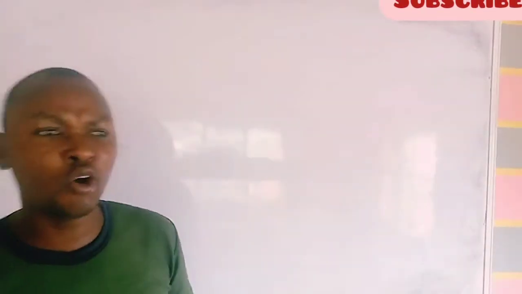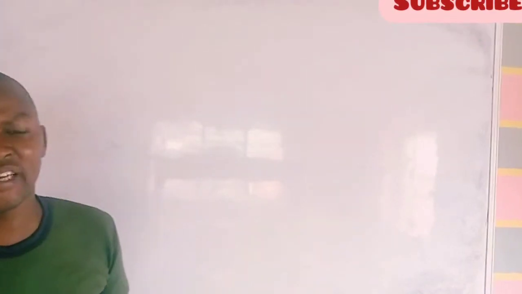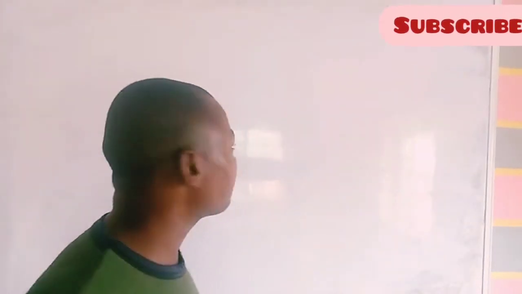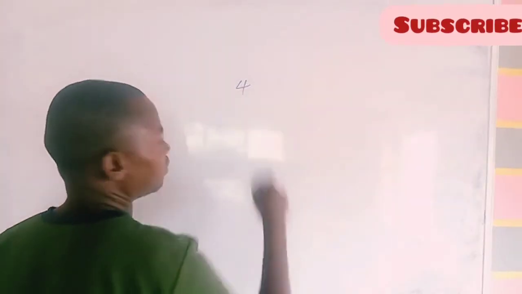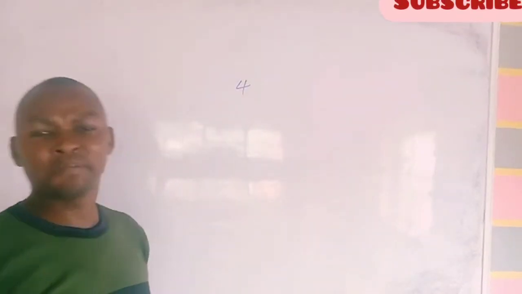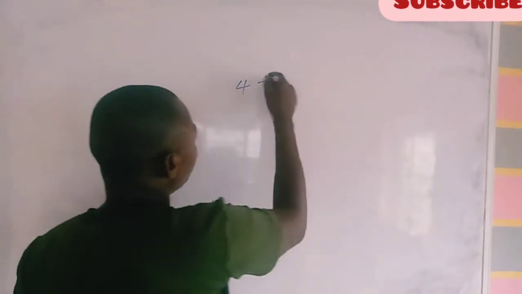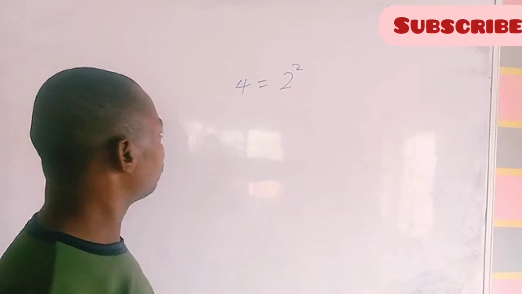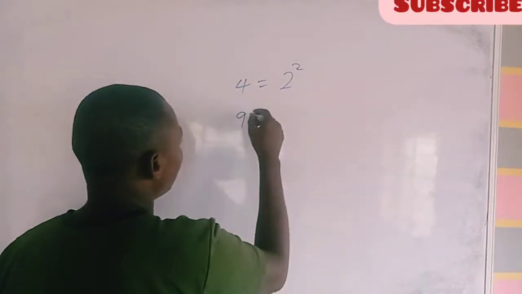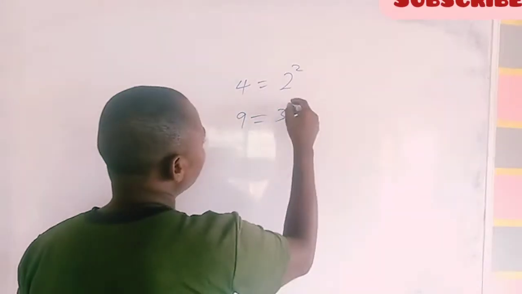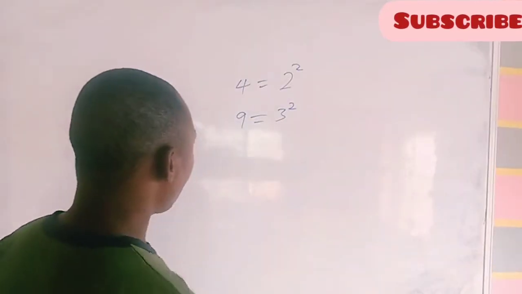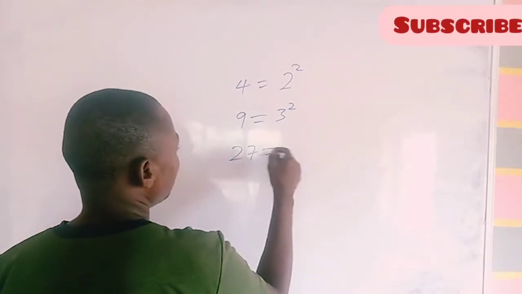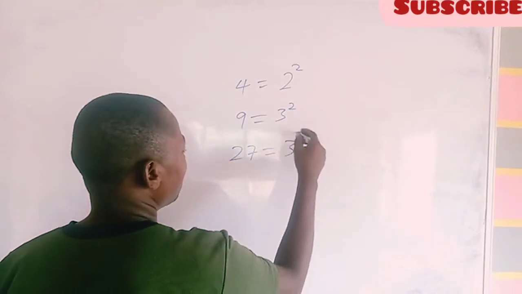Now, in indices, we must know how to handle the perfect square, perfect cube, and so on. For example, 4 can be expressed as a perfect square in this way: 2 raised by 2. 9 can be expressed as a perfect square, which is 3 raised by 2. And 27 can be expressed as a perfect cube, which is 3 raised by 3.